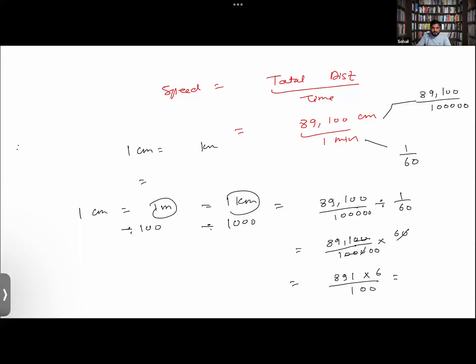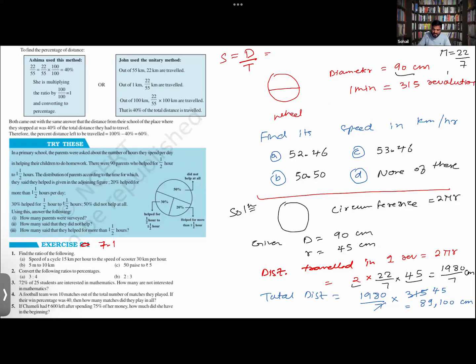Okay. So it will be 5.346. 53.46. Yes, exactly. 53.46 kilometer per hour. And that matches option number C.